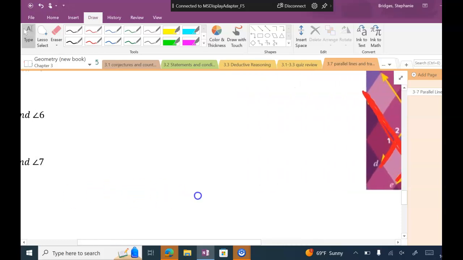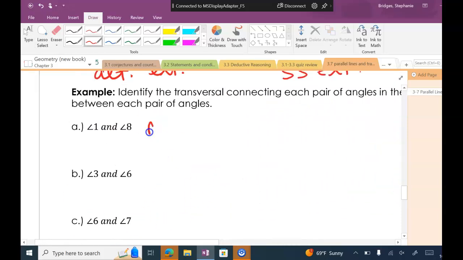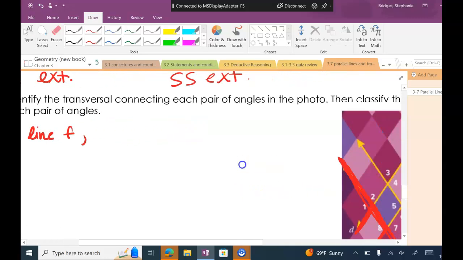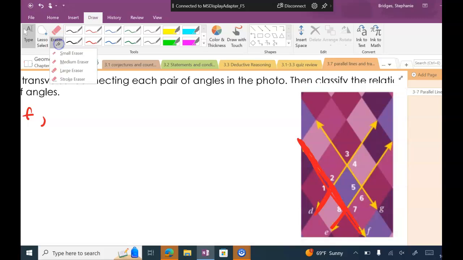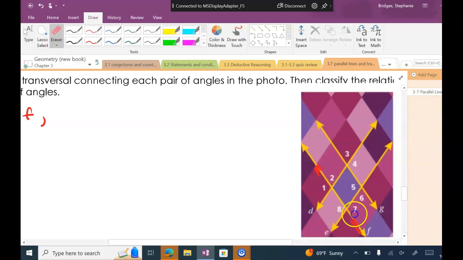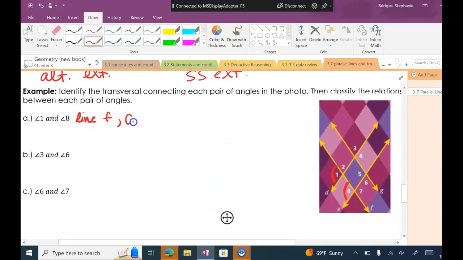And then they touch D and E. So my transversal is going to be line F. And then I want to know what kind of angles they are. Are they same side interior, same side exterior, alternate exterior, or corresponding? Angle 1 and angle 8. Yes, they are corresponding. They are in the same place, but on 2 different lines.